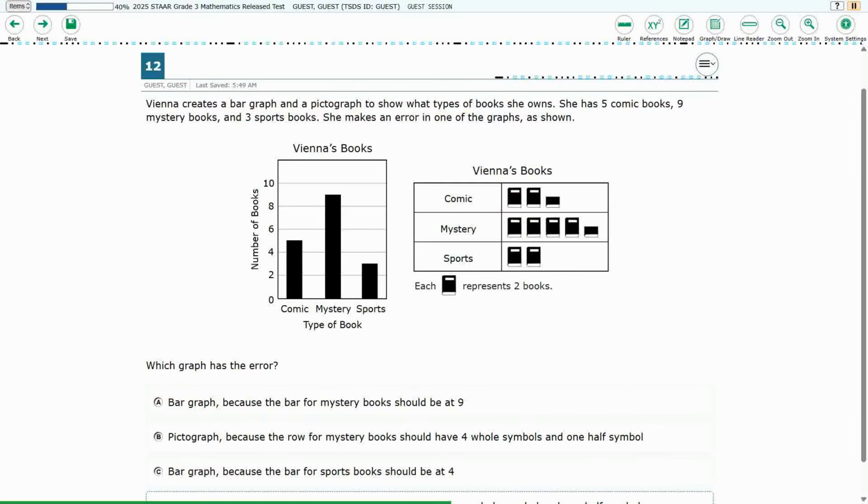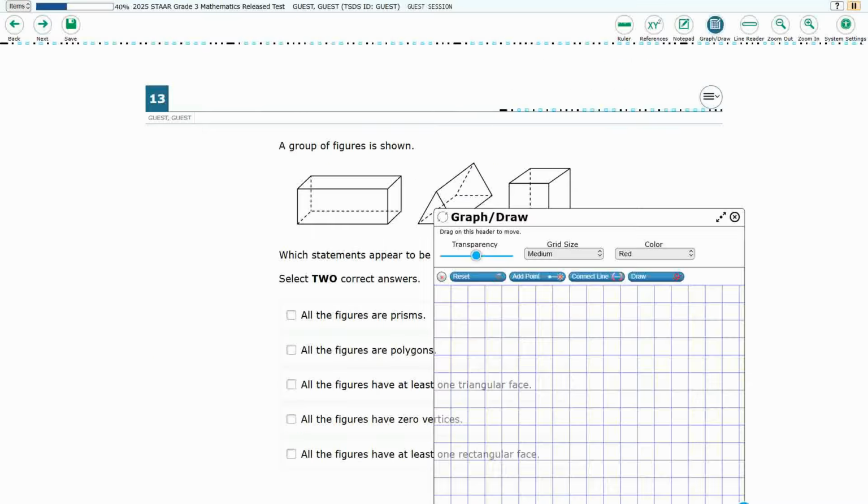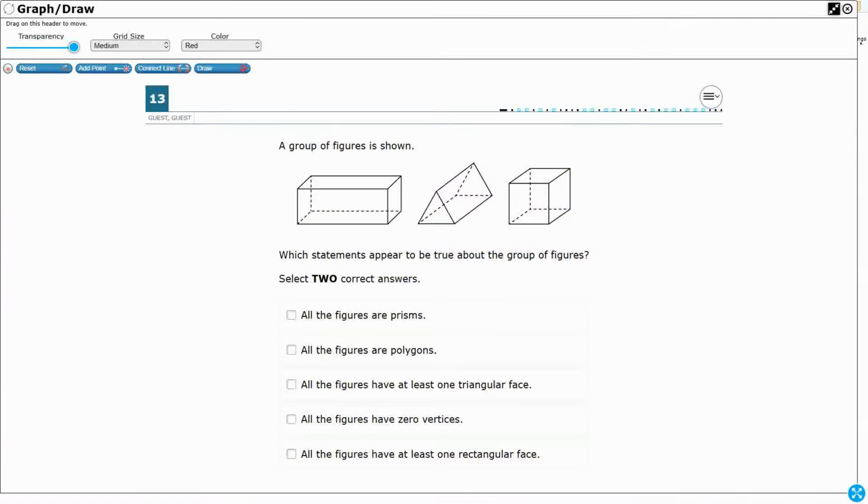So they were looking at the right one, but they weren't using the data from the actual problem. For number 13, we are looking at 3.6a, 2-dimensional and 3-dimensional shapes. So 3.6a has us dealing with, in this case, 3-dimensional shapes, and we need to find 2 correct answers that just describe this shape. Now, I would always suggest whenever we deal with these shapes, 3.6a, let's go ahead and name them.